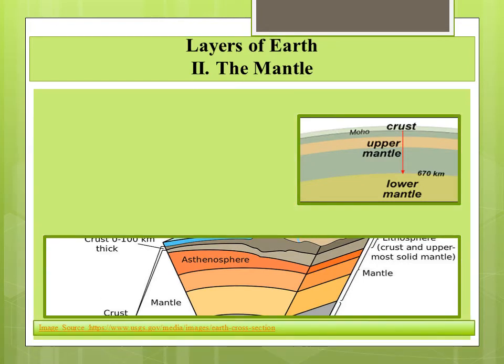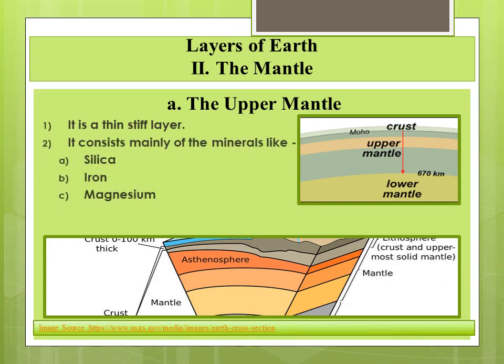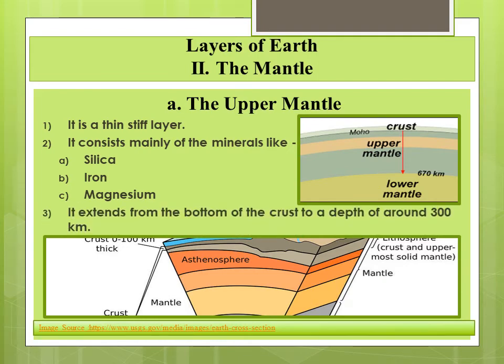Now, let's discuss the first layer of the mantle, the upper mantle. It is a thin and stiff layer. Stiff means hard. It consists mainly of the minerals like silica, iron, and magnesium. It extends from the bottom of the crust to a depth of around 300 kilometers.